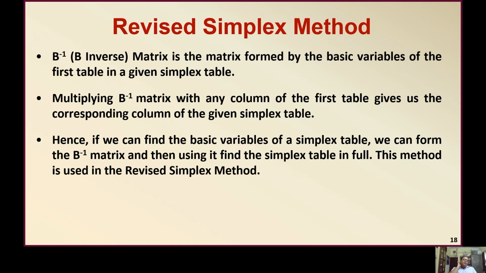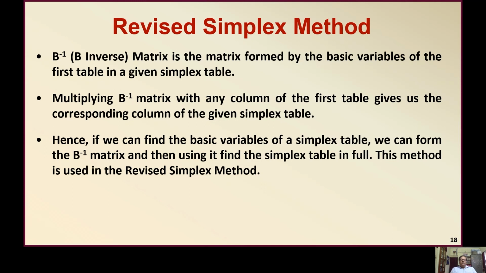Now looking separately, the B matrix, which is known as the basis matrix, will actually be formed by the variables that are in the basis of the given simplex table, not the first table.